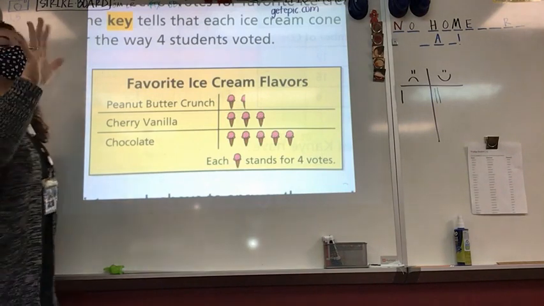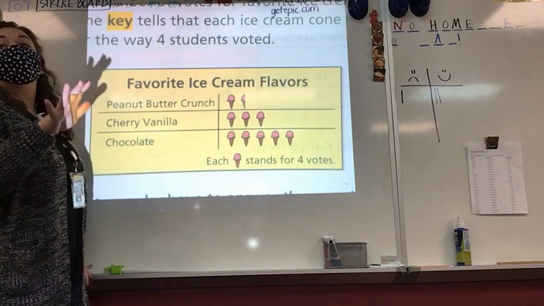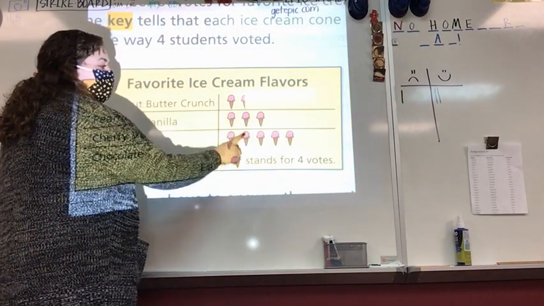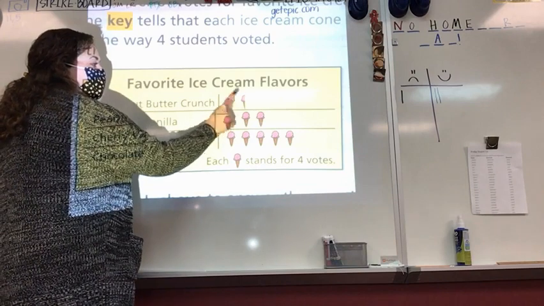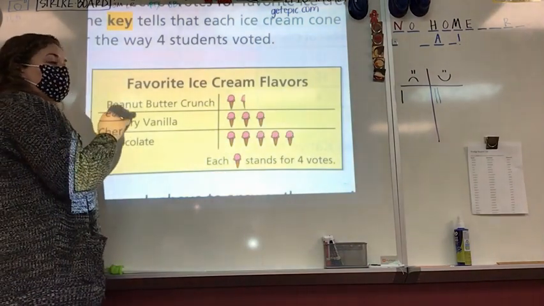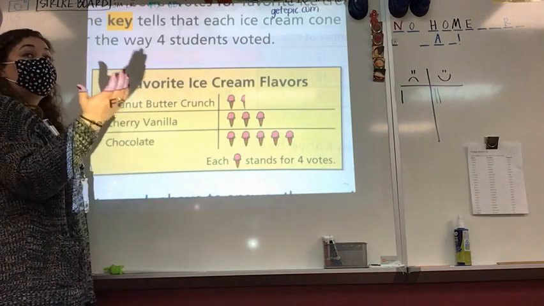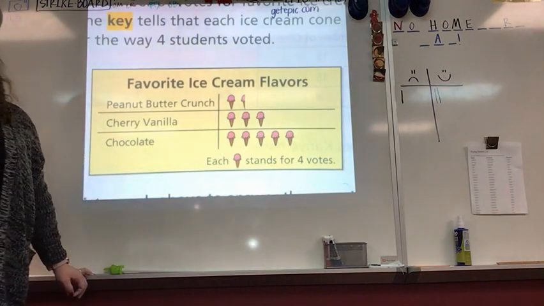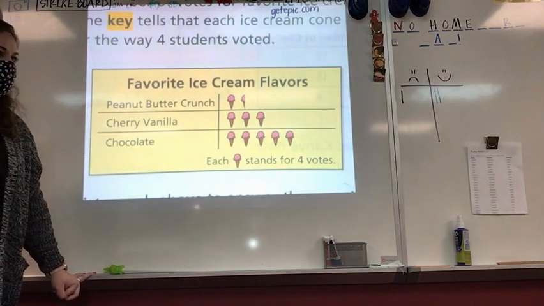It's 36. Let's count how many total cones. 1, 2, 3, 4, 5, 6, 7, 8, 9. So 9 times 4. Did you multiply by a different number, Eli?